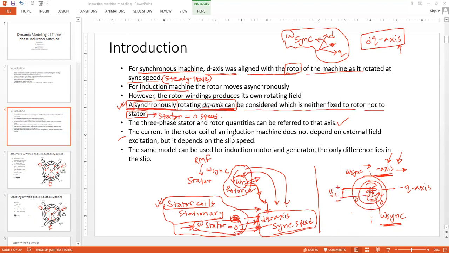However, for an induction machine, there is no such excitation. The rotor current is purely based on the slip speed. So the rotor current in an induction machine is not a function of any external voltage source. Rather, it is based on the slip speed, the difference in speed between omega r and the RMF, that is the omega synchronous.